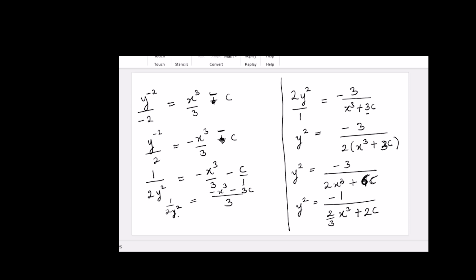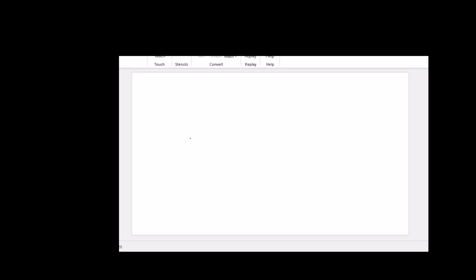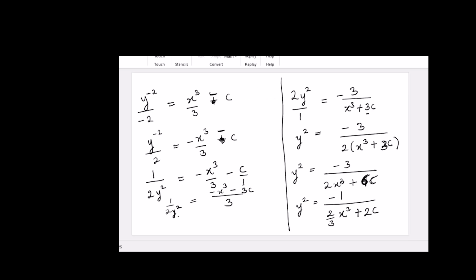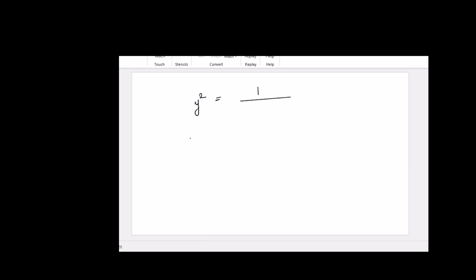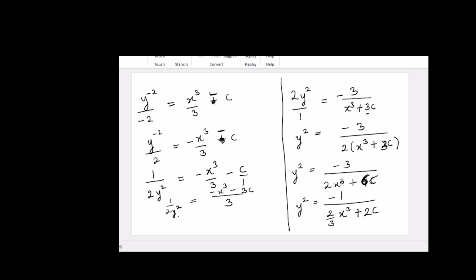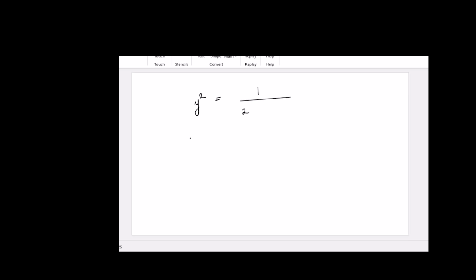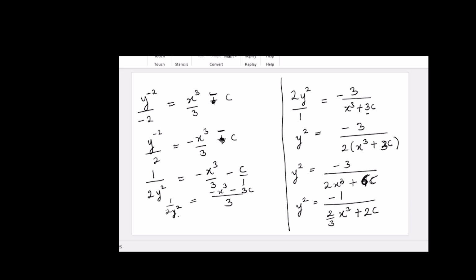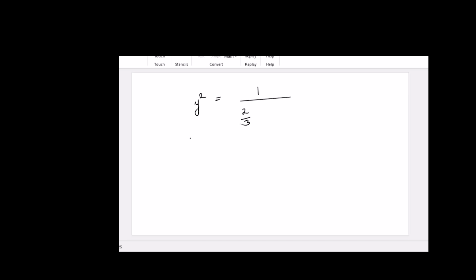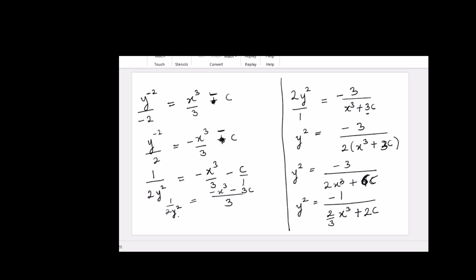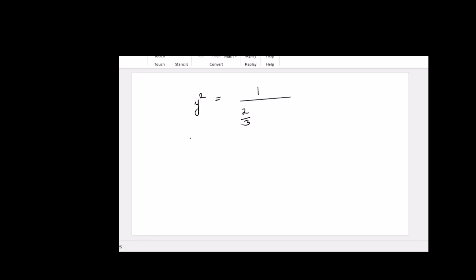Okay, so now if you want to have this as a positive value, you have y squared equals 1 over 2 over 3 x cubed.